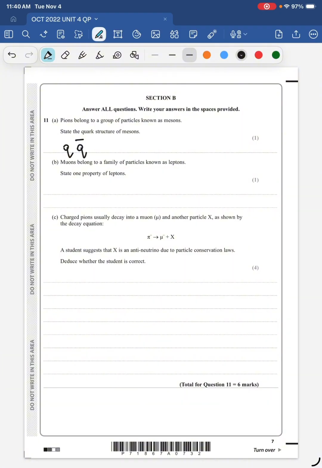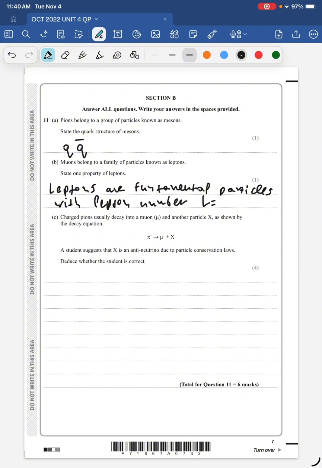Okay, so leptons are fundamental particles with a lepton number L equals plus or minus 1. Okay, that's one property.